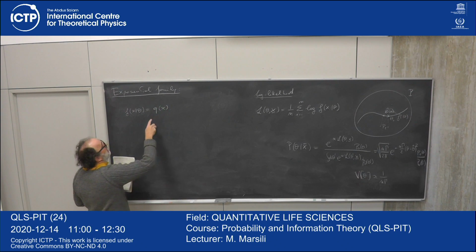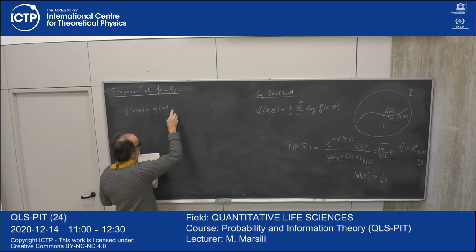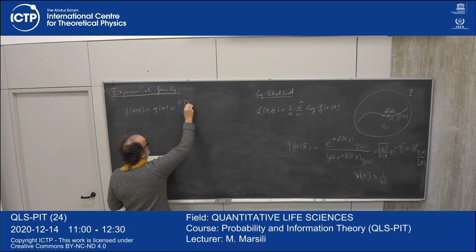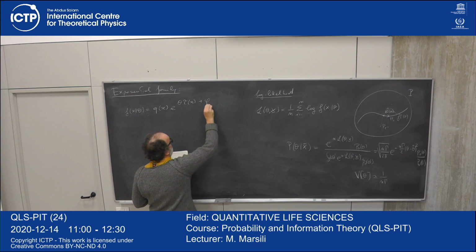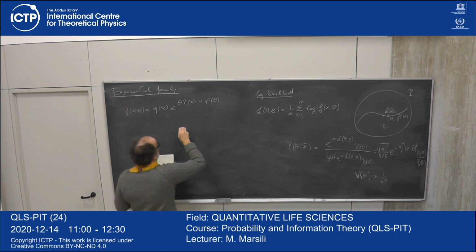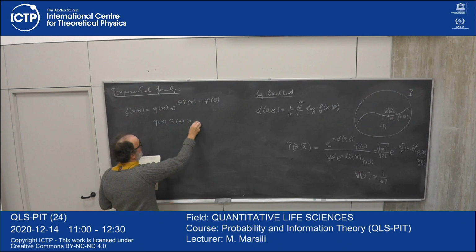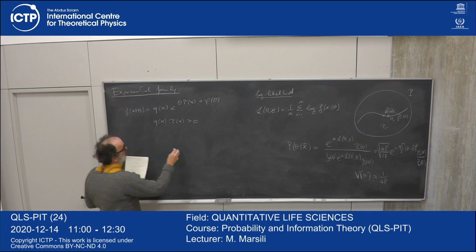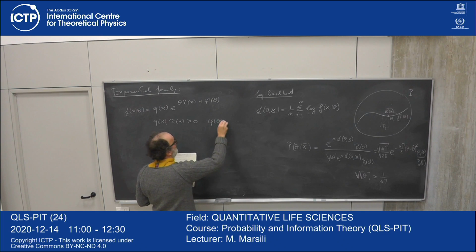There is a function q of x, which is positive, times e to the theta times another function tau of x plus some function phi of theta, where this function q of x and tau of x are both positive functions of x, and clearly this phi of theta is the normalization.